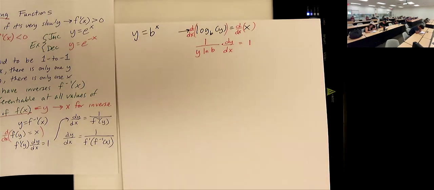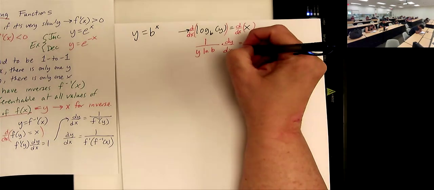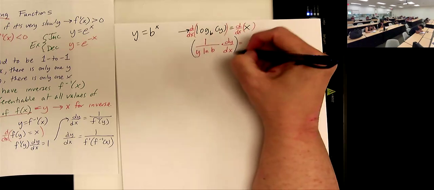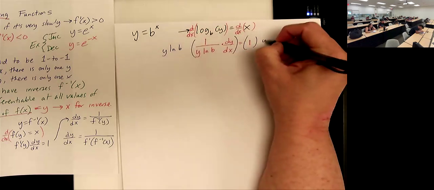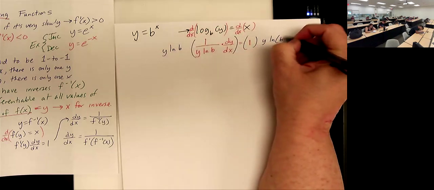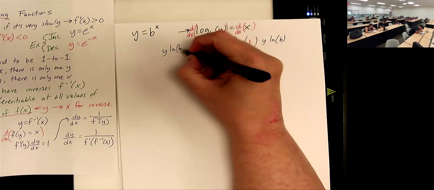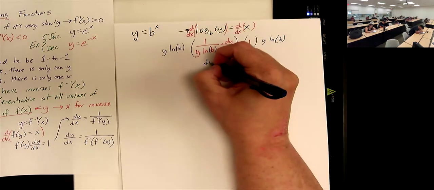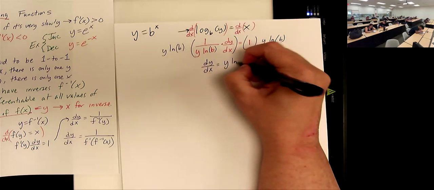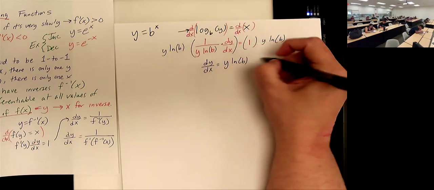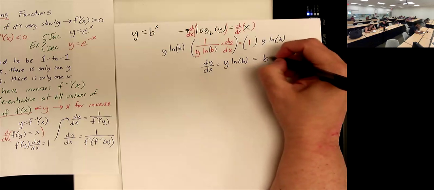And we want to get dy dx by itself, so we're going to multiply both sides by y times the natural log of b. And we get dy dx equals y times the natural log of b. But y was b to the x.